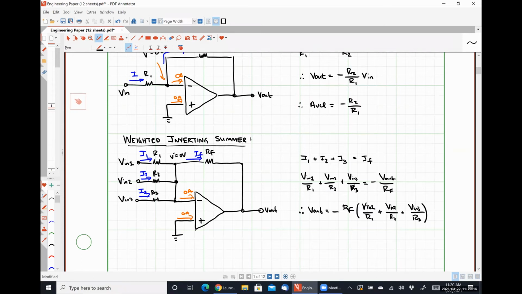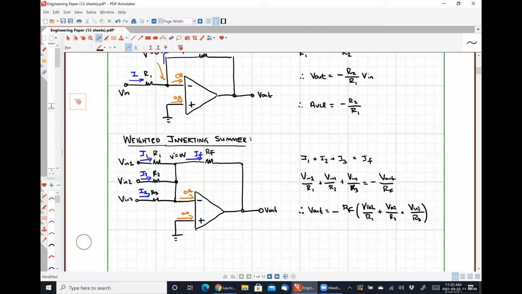So this is a weighted inverting summer because it sums together all of our input signals, but each one is applied a specific weight based on the ratio of RF divided by Rn. So if we want input signal 1 to be boosted more, we make R1 smaller. If we want input signal 1 to be boosted less, we make R1 larger, and so forth.